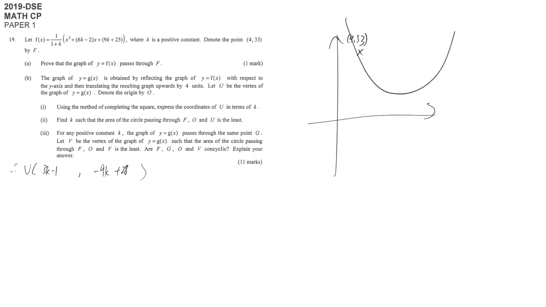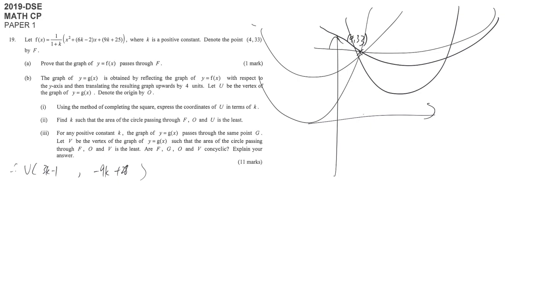The graph may be like this when k equals 1. When k equals 2, maybe it's like this. K equals 3, it is like this. Or if k is some other value, it may be like this, no one knows. For different shapes, we have different vertices. That means U is not fixed. It depends on what suitable value of k you want. And the task here asks you to choose a suitable k such that the circle is the smallest one.